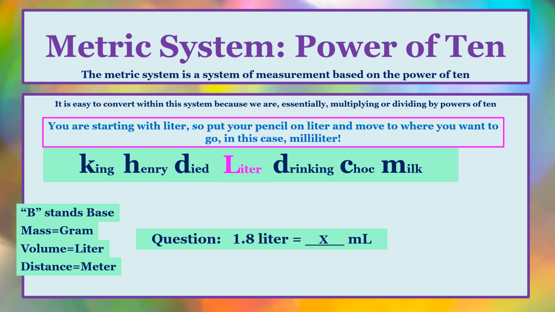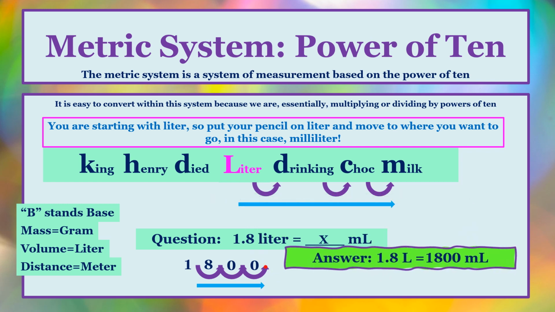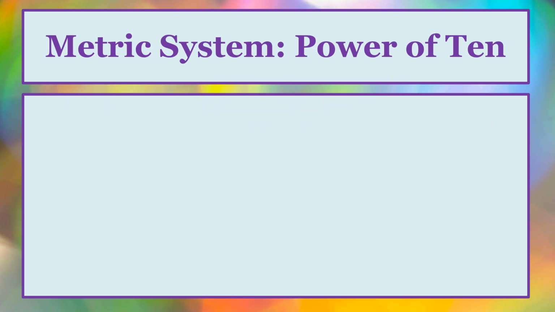We're starting with liters, so put your pencil on liters and move to where you want to go, which in this case is milliliters. 1, 2, 3. We moved our arrows to the right up here, so we need to move our decimal to the right. We have empty nest, put eggs in it, and that gives us our answer of 1.8 liters equals 1,800 milliliters.